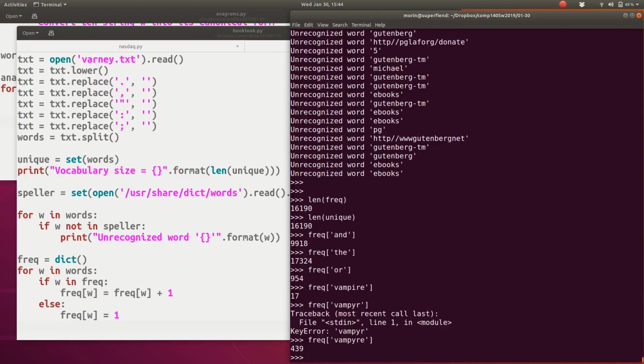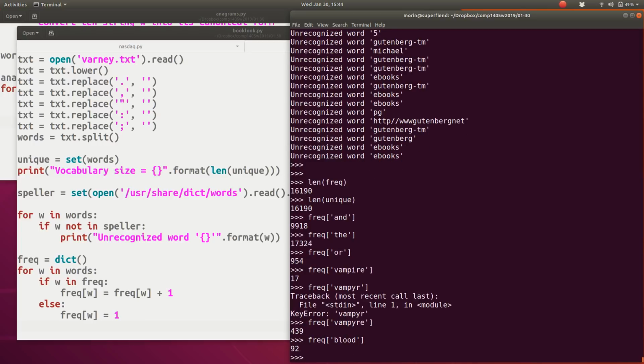Vampyre with a Y occurs more frequently, 439 times. In a story about vampires, what else? What other things might be featured? Yeah, that seems like a good choice. Blood. Is this a good story? 92 times. Not bad.